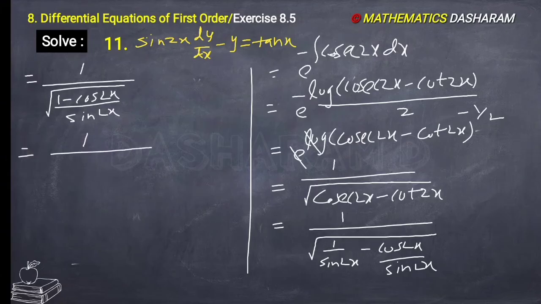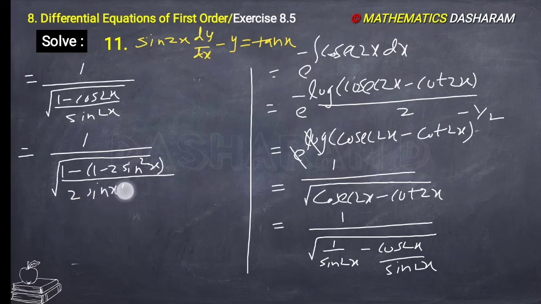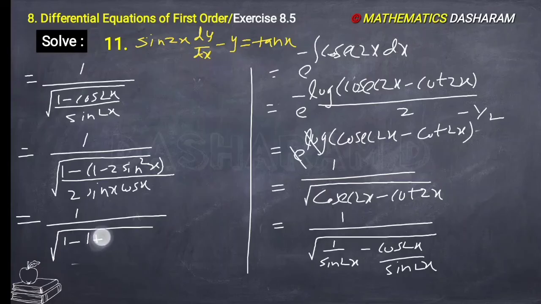So it equals 1 by under root ((1 minus cos 2x) by sin 2x), where the formula is 1 minus cos 2x equals 2 sin square x, and sin 2x formula is 2 sin x into cos x. So 1 by under root ((1 minus 1 plus 2 sin square x) by (2 sin x into cos x)).